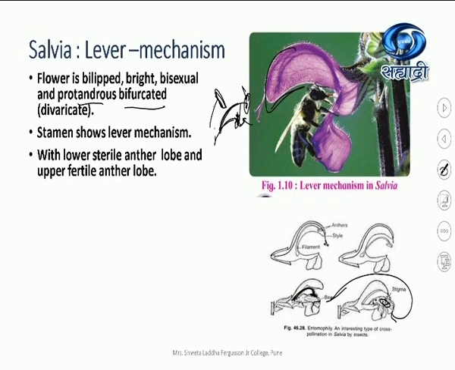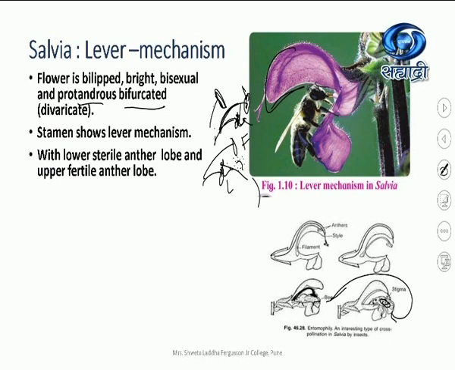I hope you understood this concept. So this is like a lever, this is the lower lobe, this is the upper lobe. The upper lobe of the androecium is fertile, the lower lobe is sterile. When the insect is visiting, it pushes this lower sterile lobe. The fertile lobe bends down and dusts all the pollen grains on the back of the insect. Now this insect goes and visits another flower.